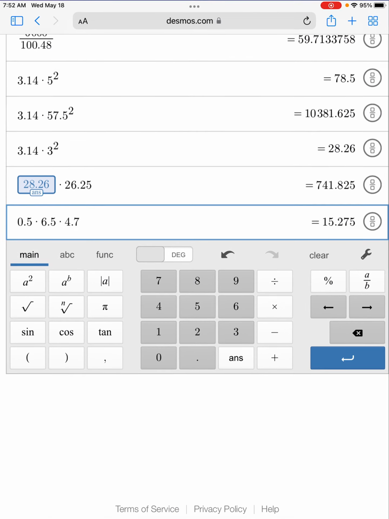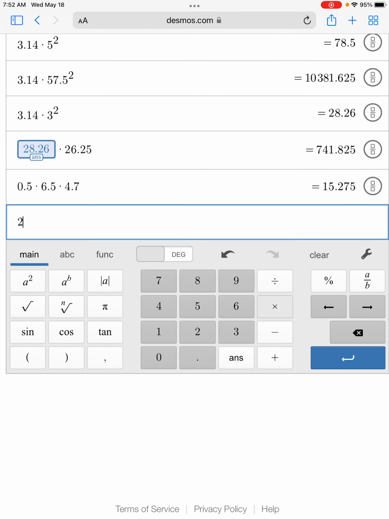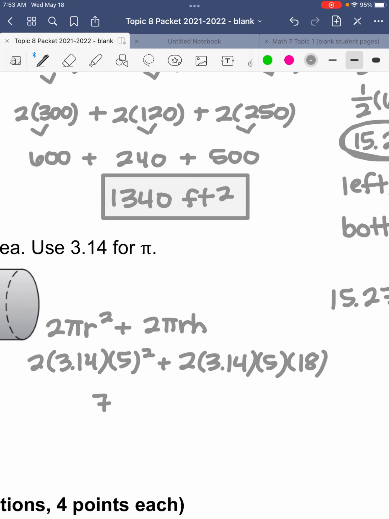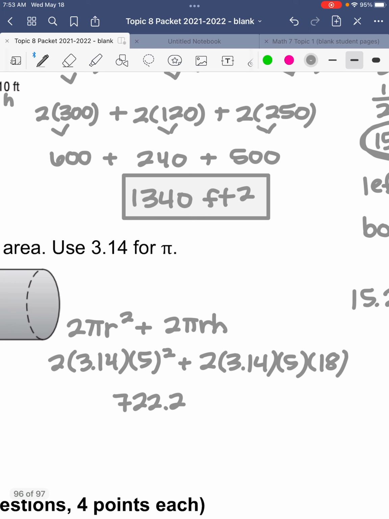So we have 2 times 3.14 times 5 squared plus 2 times 3.14 times 5 times 18. And when I put all that into my calculator, I get 722.2. So that is my surface area, 722.2. My unit is square inches.